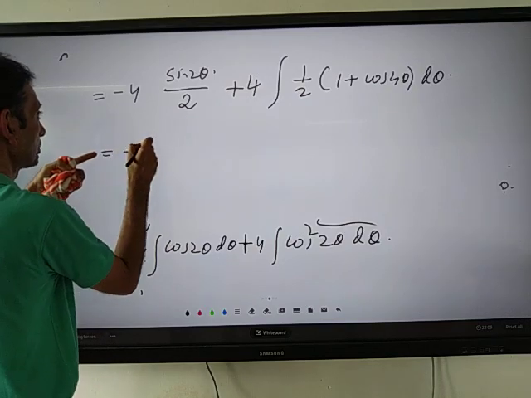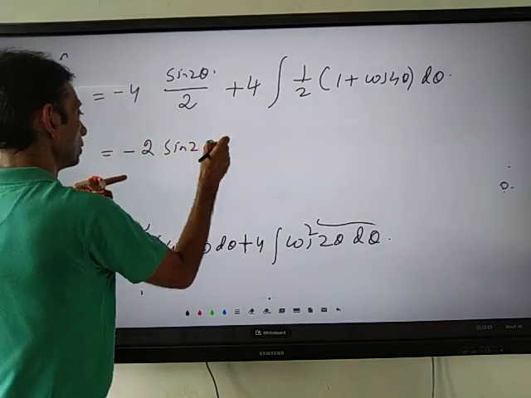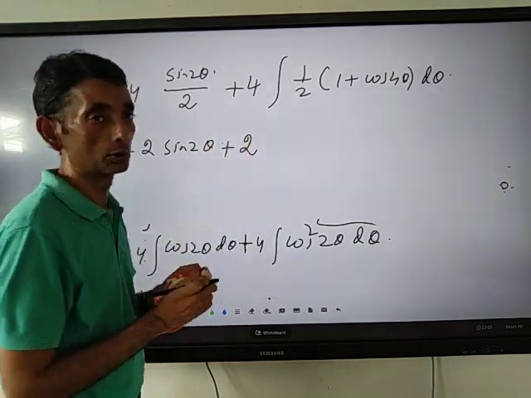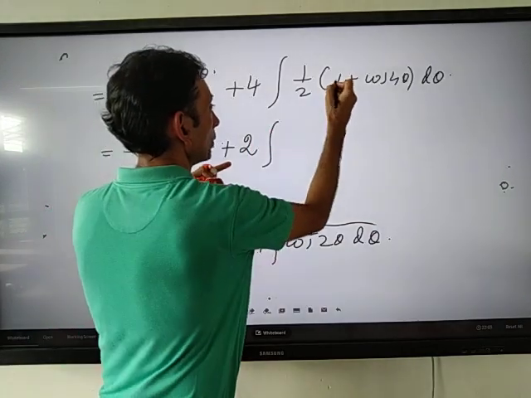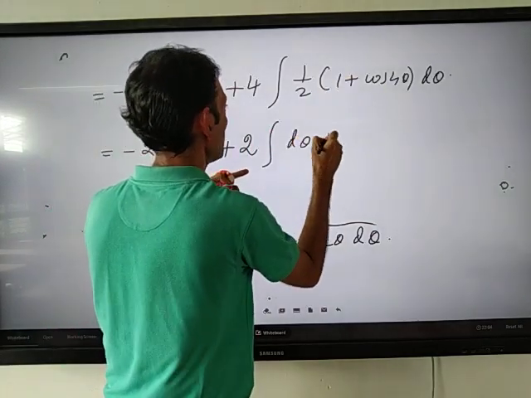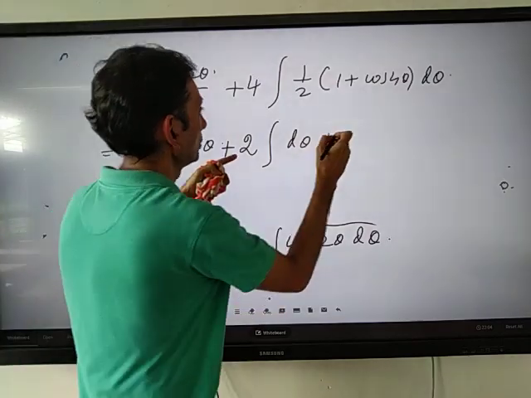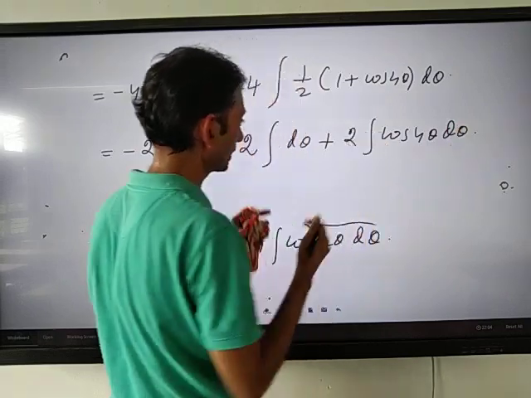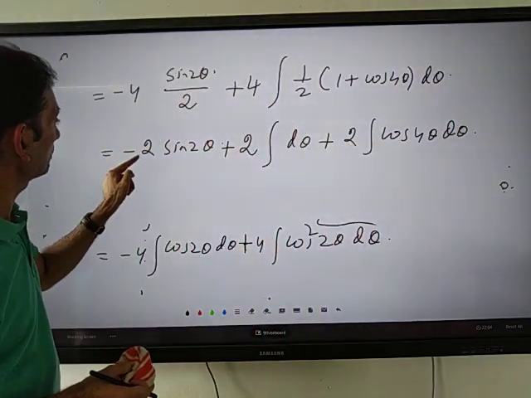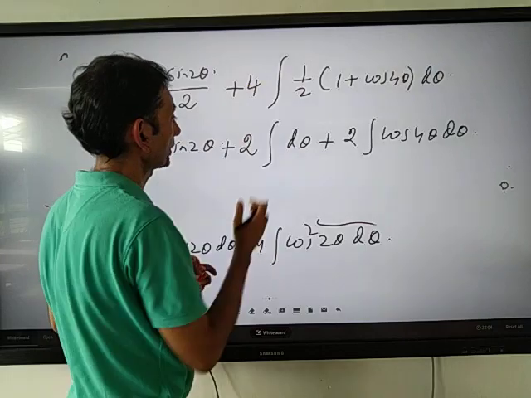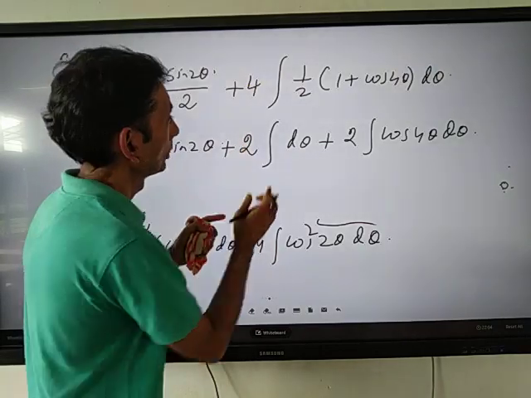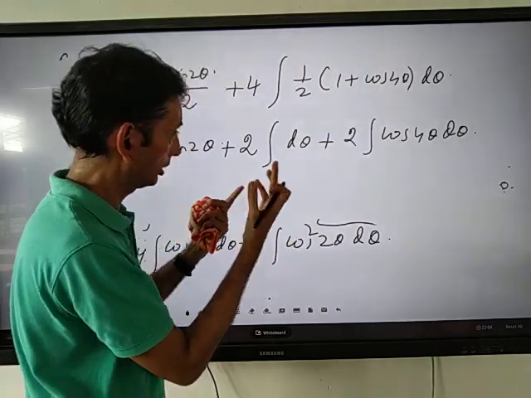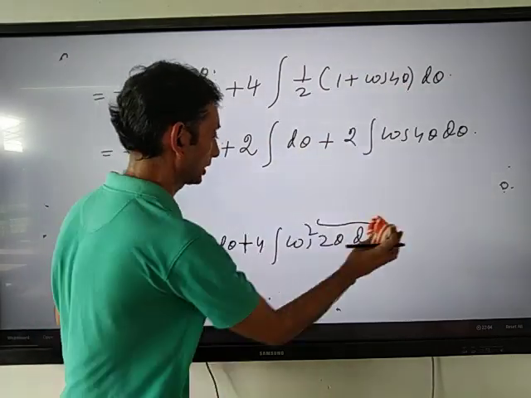If we cancel it, it's minus 2 sine 2 theta, and 4 we can cancel with 2. And we can integrate 1 into d theta, this is d theta, and plus 2 integration of cos 4 theta d theta. Please check this, that you can cancel it. It will be minus 2 sine 2 theta, and half and 4 you can cancel out, so you'll get only 2 there. So the first term will be 2 d theta, plus you can multiply the second term as well by 2, integration of cos 4 theta d theta.